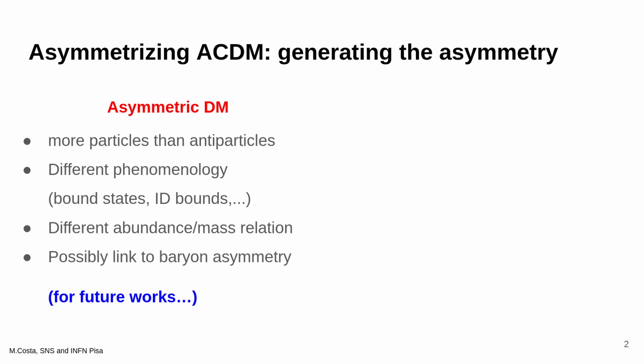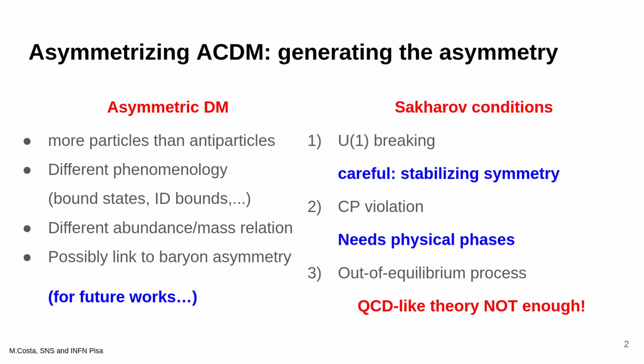Now, given this definition of asymmetric dark matter models, how can we make them asymmetric? One must meet the so-called Sakharov conditions. Indeed, you must break the U(1) of the dark baryon candidate if you want to generate an asymmetry for it, and this must be done in a careful way, because in ACDM models, this U(1) is the symmetry that stabilizes the dark matter candidate, and if you break it, it's not obvious that it's still stable.